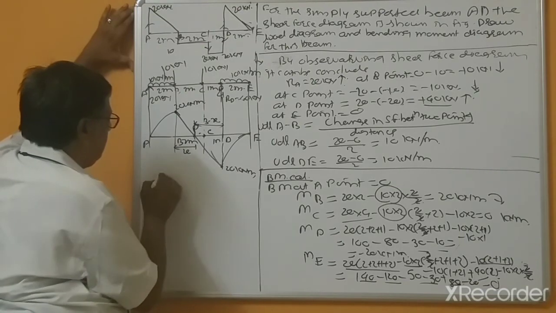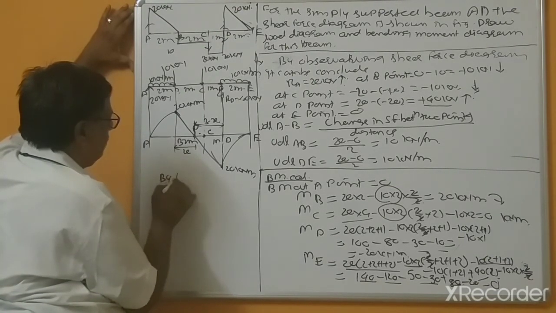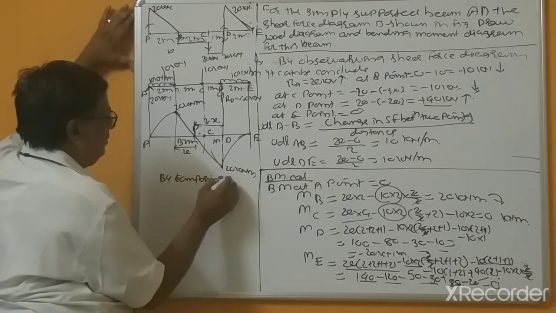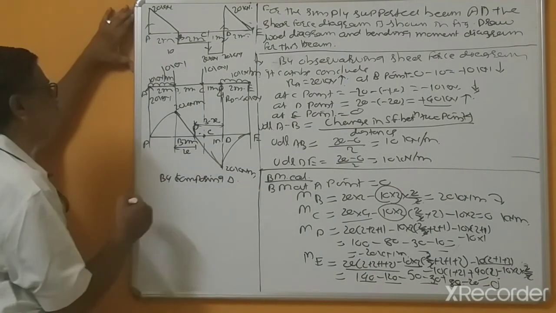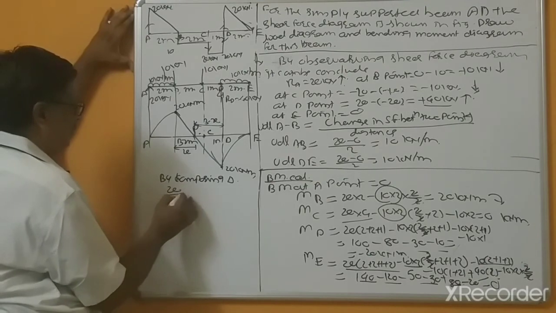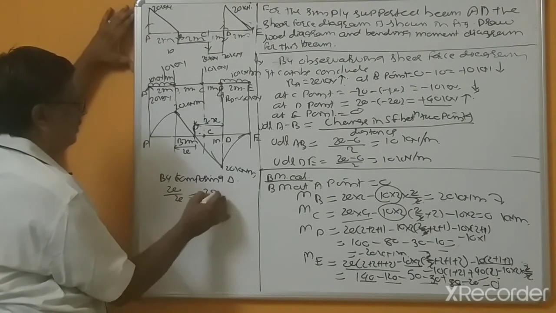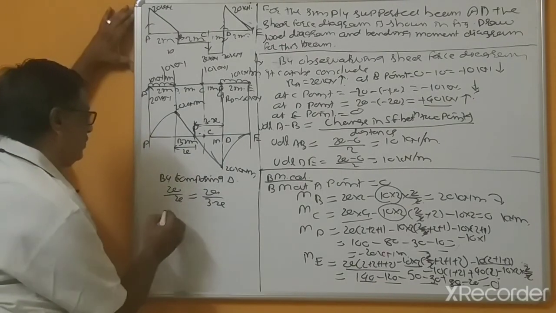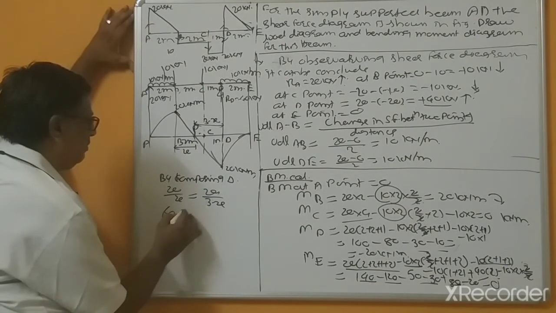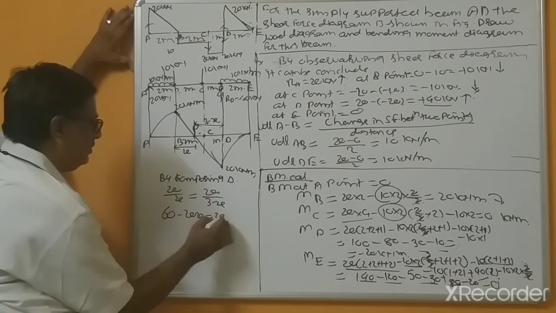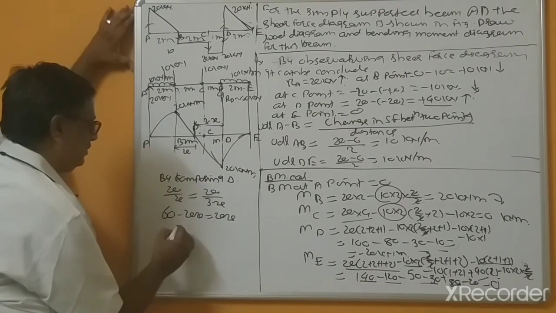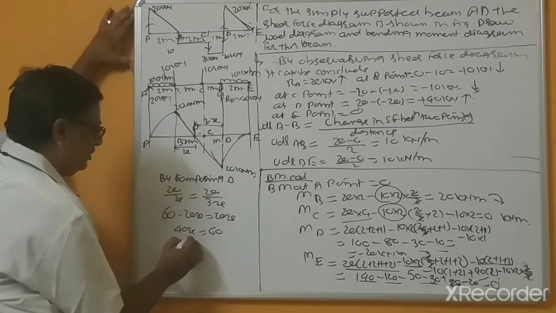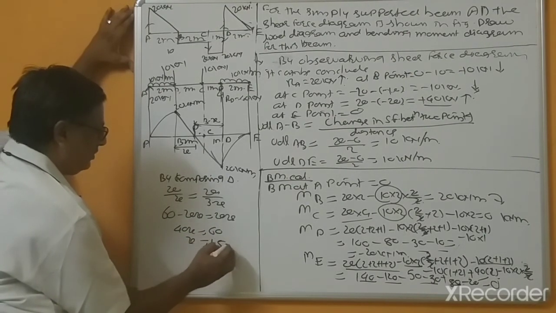Alright, so by comparing triangles, 20 divided by x equals 20 divided by 3 minus x. 60 minus 20x equal to 20x. So 40x equal to 60, x equal to 1.5.